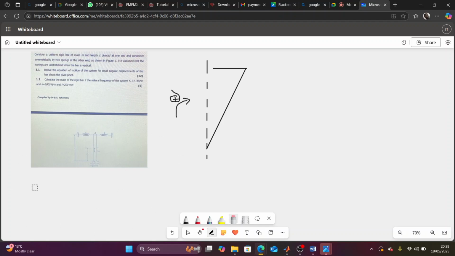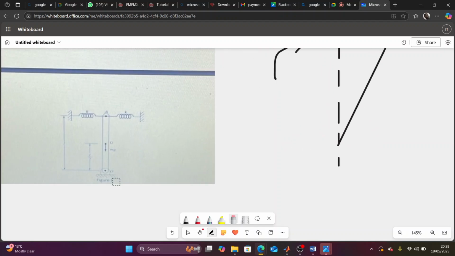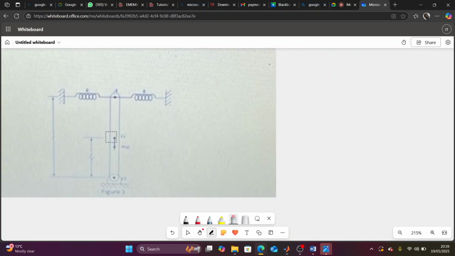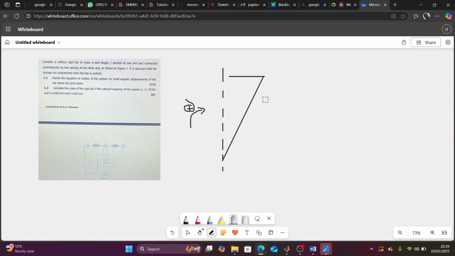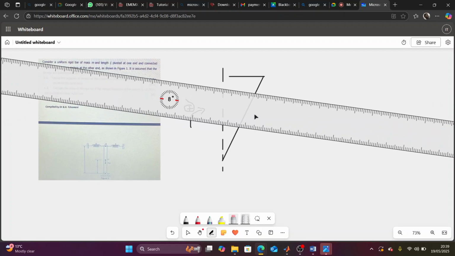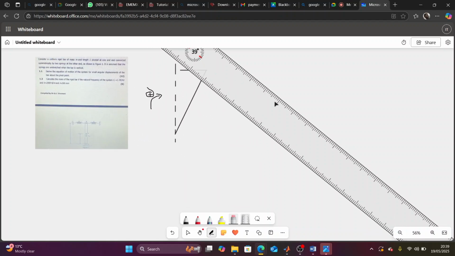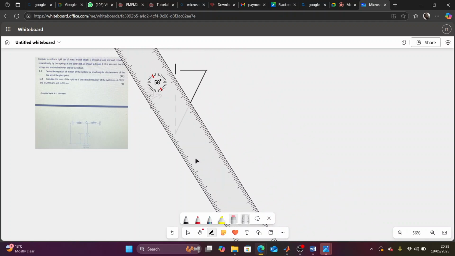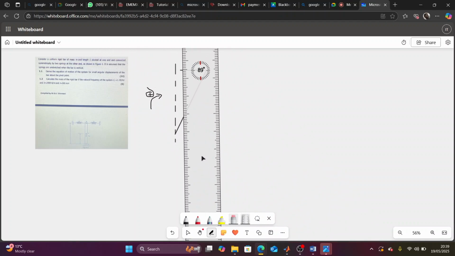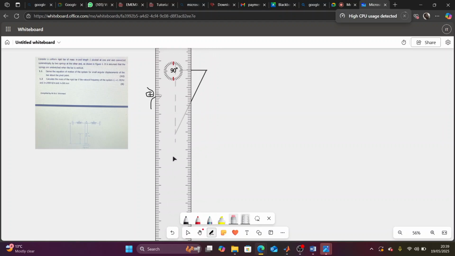How many forces do we see here? We have two springs and we have the weight. So first of all, at the center of this thing, we'll have the presence of the weight acting at the middle here, somewhere here.